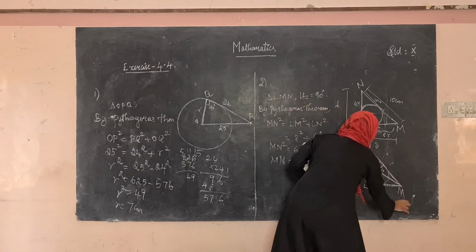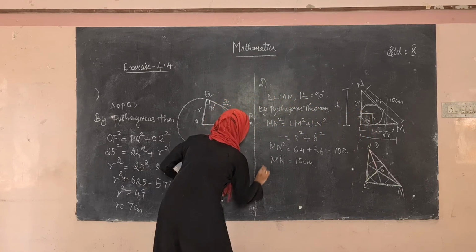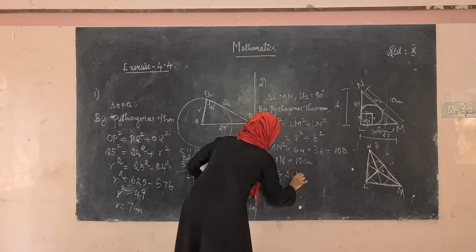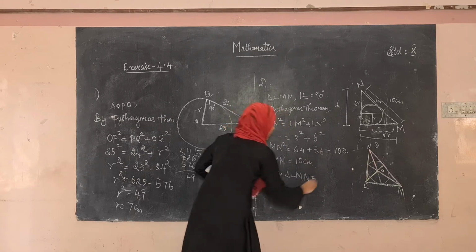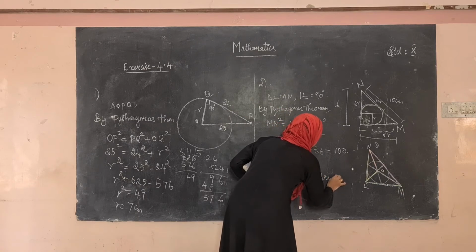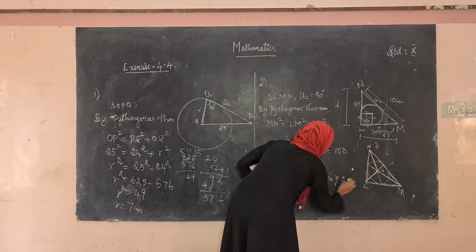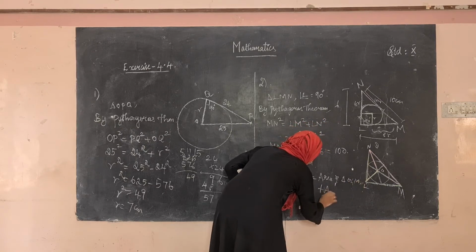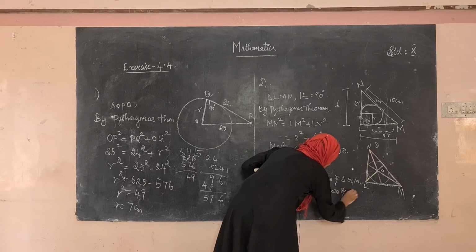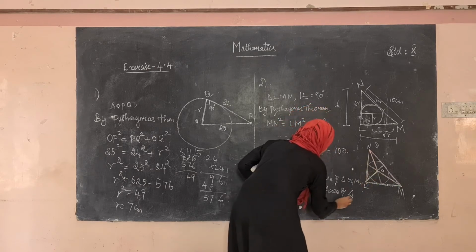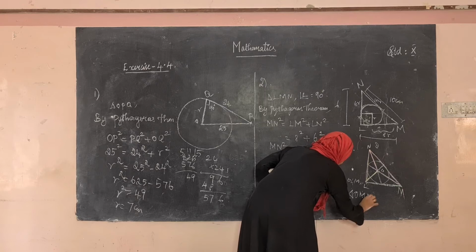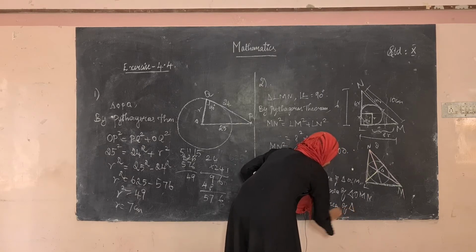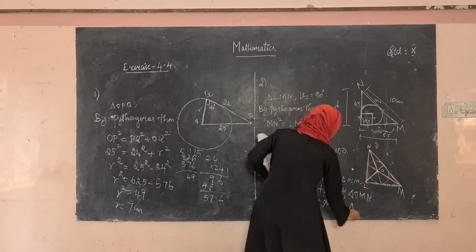So, area of triangle LMN is equal to, it is split into area of triangle OLM plus area of triangle OMN plus area of triangle OLN.